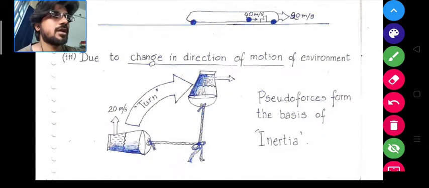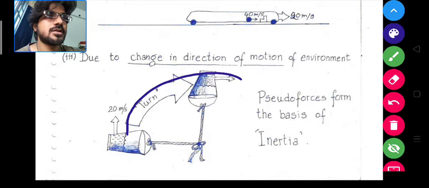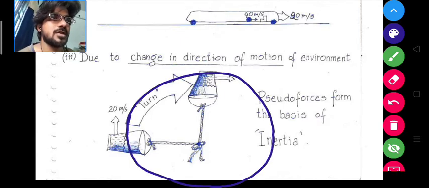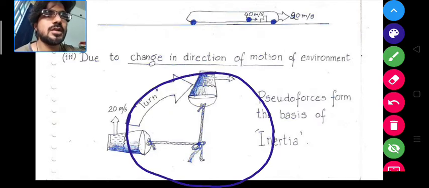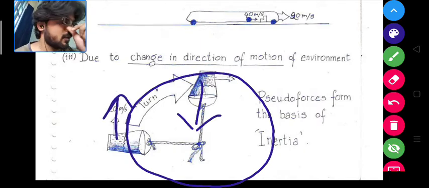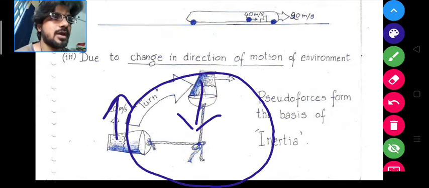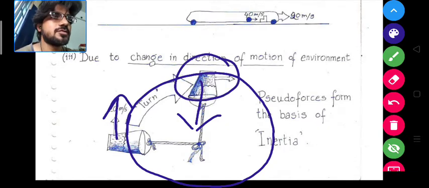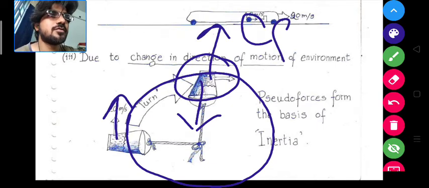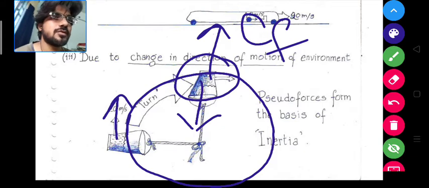So when you rotate a bucket in a vertical circle and give it enough speed, you will see that the water in the bucket, even when it reaches the topmost point, will not fall over your head because of a force, and that force I have explained to you is the pseudo force, because there is an inertial force, that is centrifugal force, that is always opposite to the motion of the body.